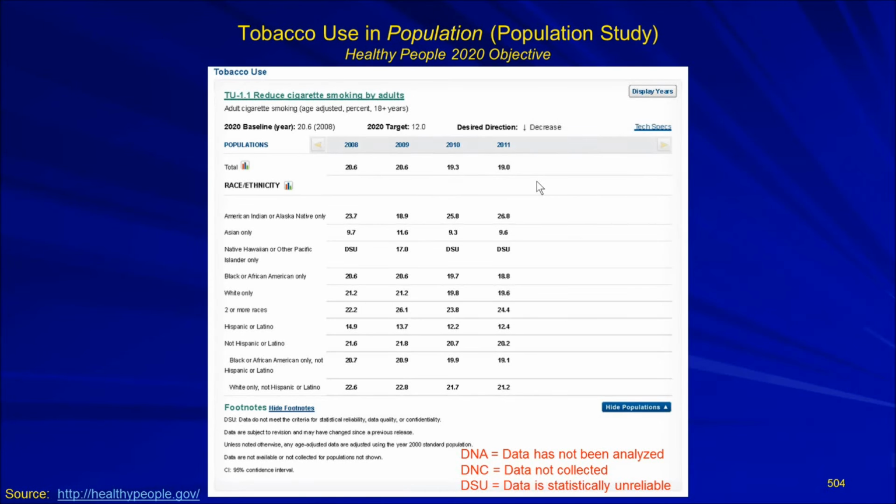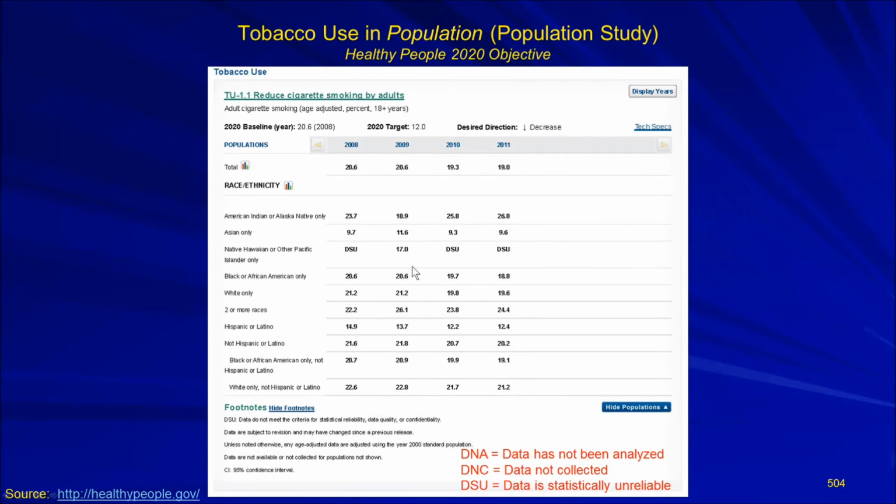And then you could go down and say, well, who smokes the most? If we look at race, ethnicity, which is an important factor, who amongst these groups smokes the most or who smokes the least? Now, this is really interesting for Asians. They tend to smoke the least, and it hasn't changed. Looks like there was a little spike, and this is probably an anomaly. I would have a question about why we got a higher value in 2009 than we did in any of the other years.